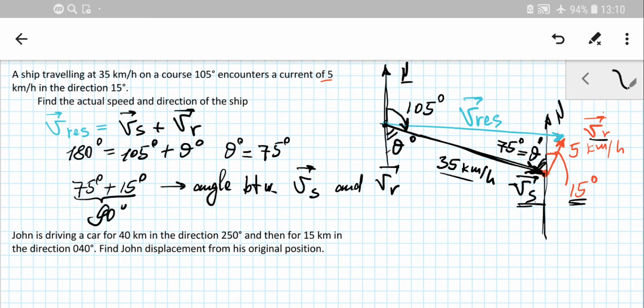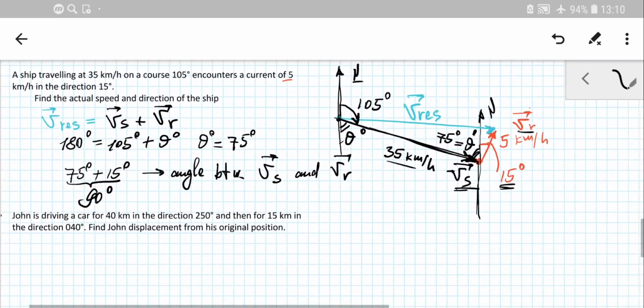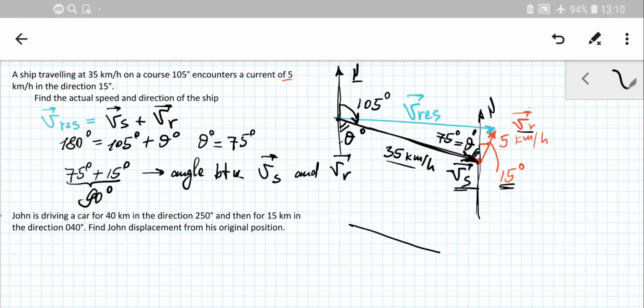So we prove that, in the triangle, I draw once more the vector Vs and the vector Vr, and the resultant angle between them is 90 degrees.